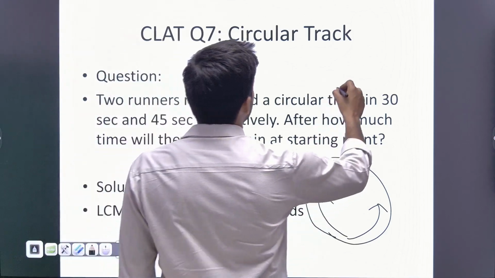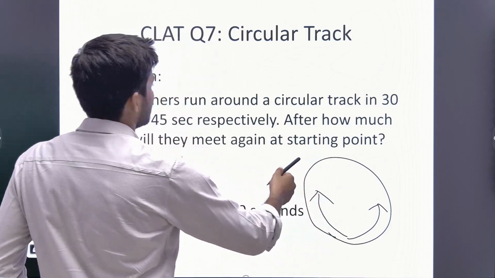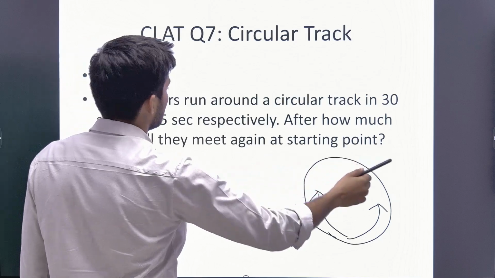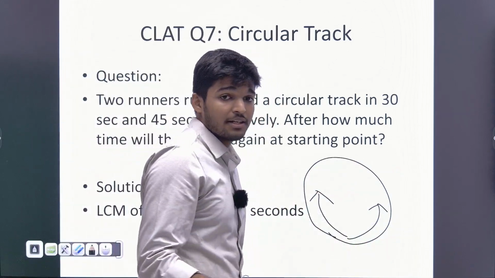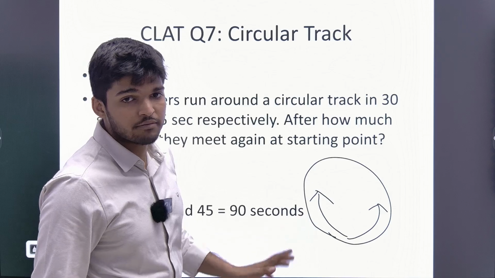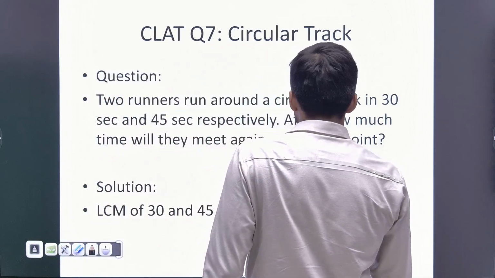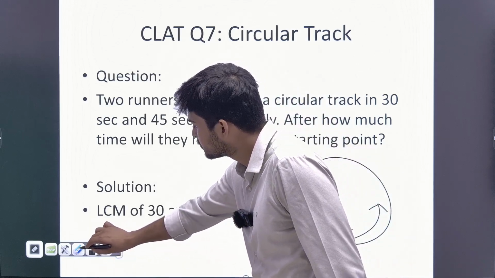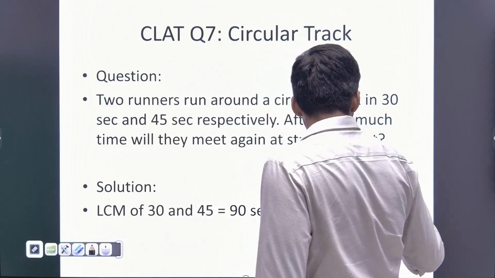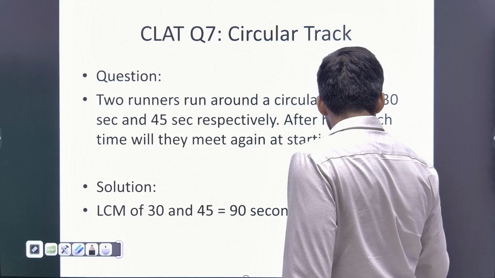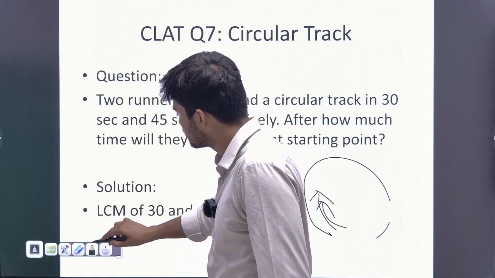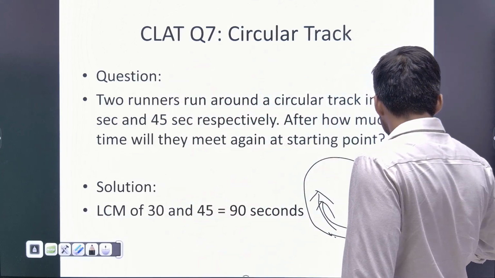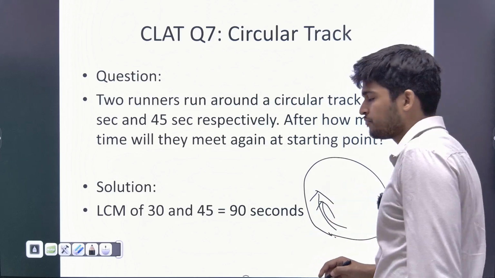The person in this question, as it has been stated, two runners are on the circular track and respectively after how much time they will meet again at the start. As it is stated that the starting point of both of them was the same, we will assume that they are moving in the same direction.